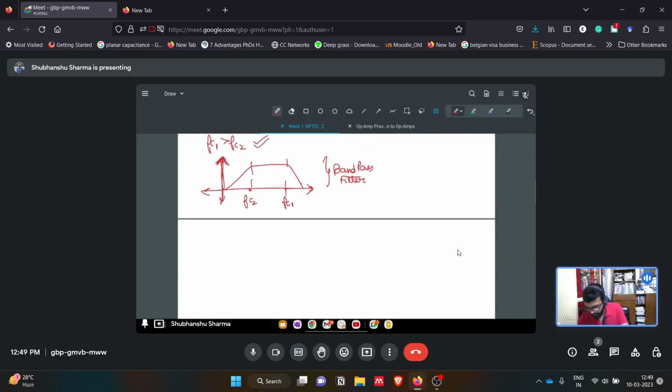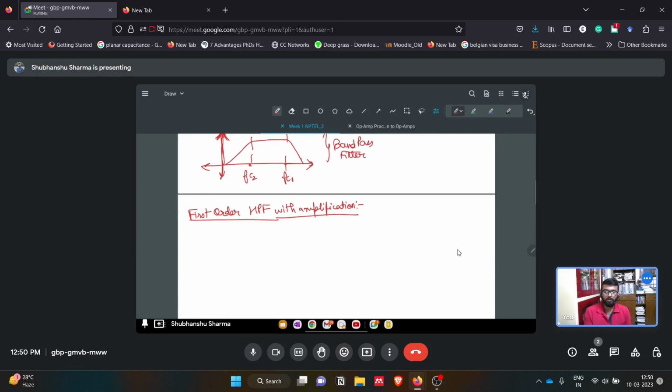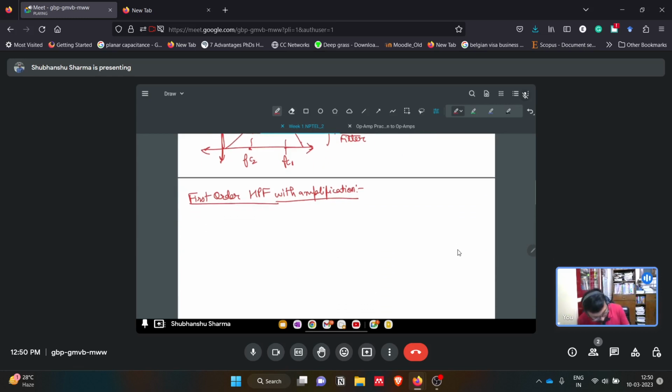Now if you want to realize a first order high pass filter with amplification, or variable gain, it will again have a capacitor and resistor given to the non-inverting terminal of the op amp.